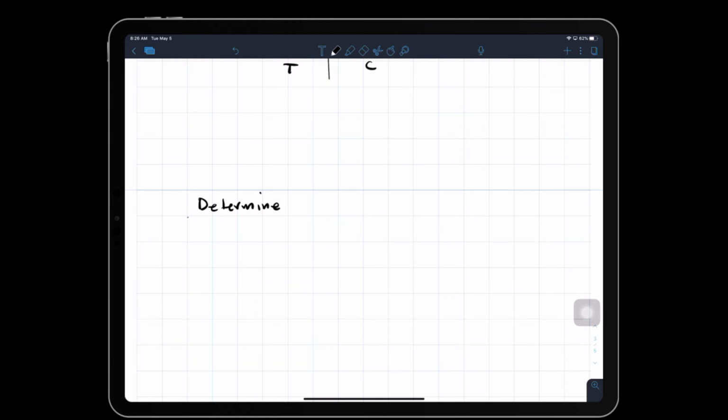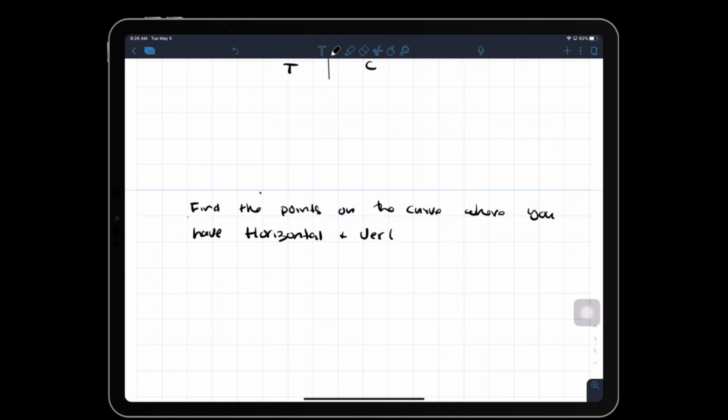Yeah, they say find the points on the curve. That's going to be interesting. This is their language. Find the points on the curve where you have horizontal and vertical tangents.